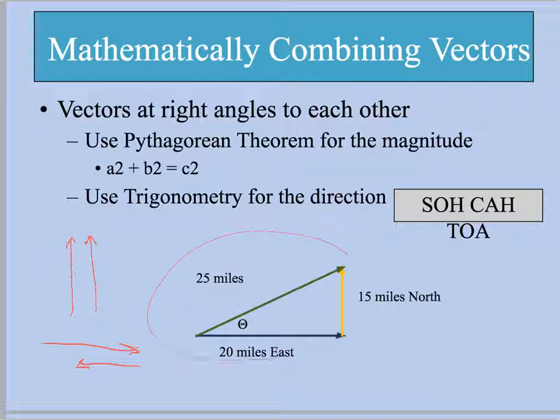But in this case, we have a couple of vectors that are not along the same plane. We have one that's in blue that's pointing to the right, and we have one that's in yellow that's pointing up. So how do we handle situations like that?